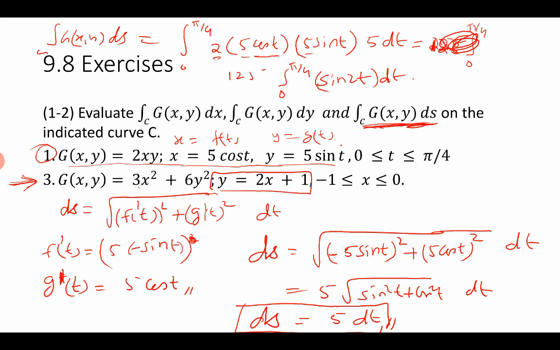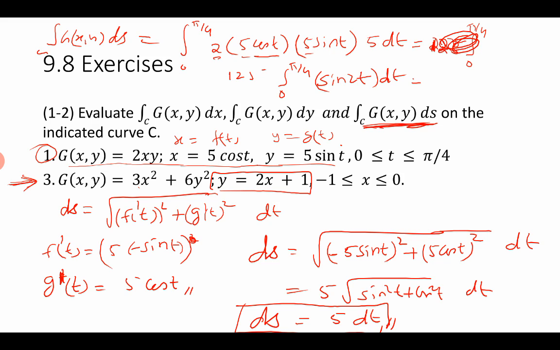You can find from the identities of trigonometry that 2 sin theta cosine theta is sin 2 theta. So it is easy to use this identity.